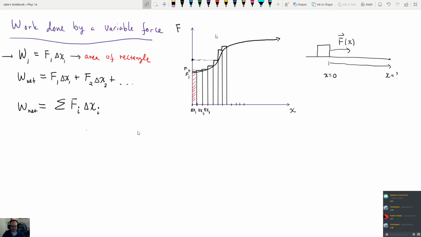So keeping that in mind, when we calculate the work done, or the net work, what we really want to do is take the limit as delta x sub i goes to 0 of this summation. And when we take that limit, we get an exact representation of the area under the curve.